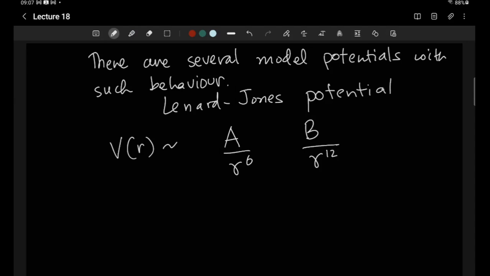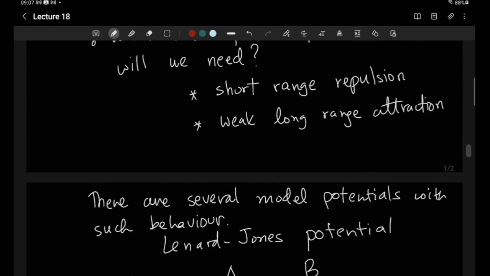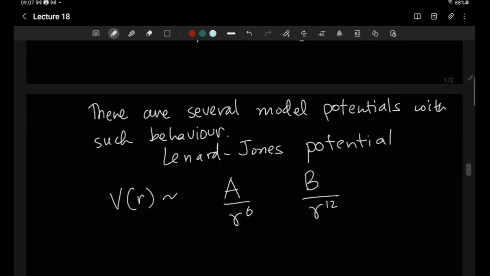And what dominates for small r? 1 by r power 12. So we want weak long range attraction. Long range means r large, so I should put a minus sign here. And repulsion means positive sign. So A and B are positive constants.